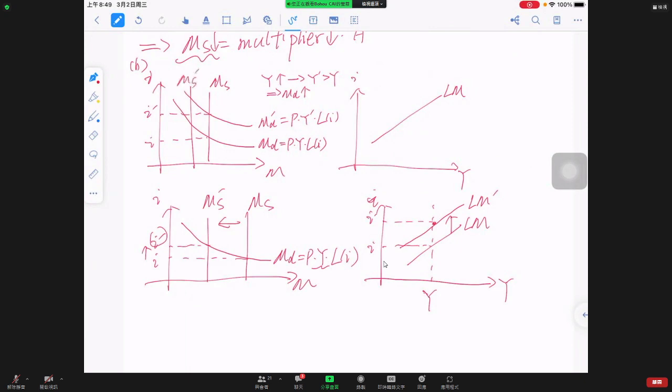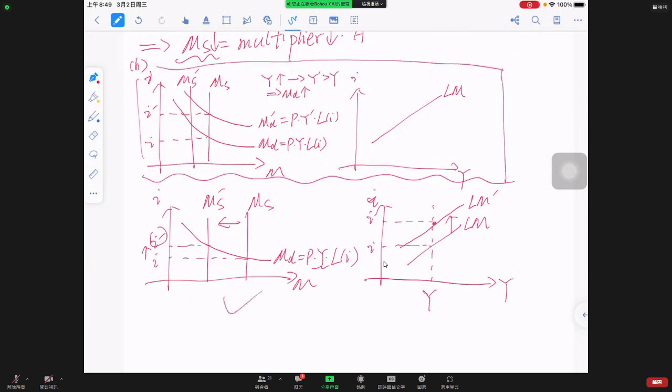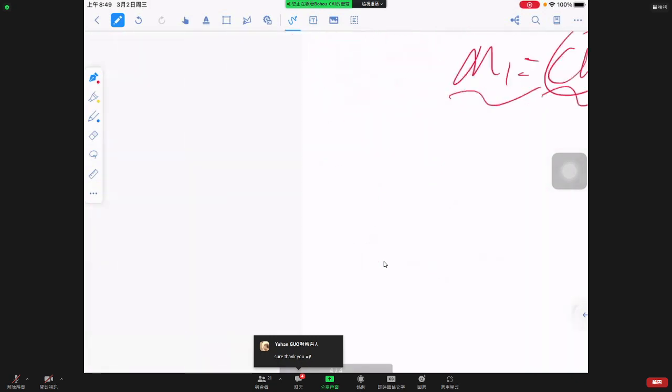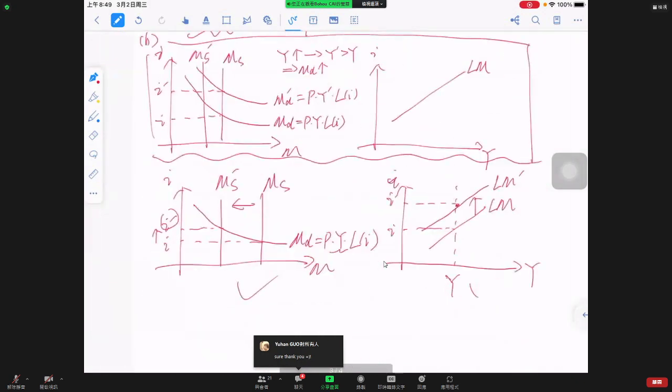Because you don't have to draw how. I just show you how we get the LM curve. So these diagrams are not required. You just draw this diagram and this diagram, and you'll be okay.